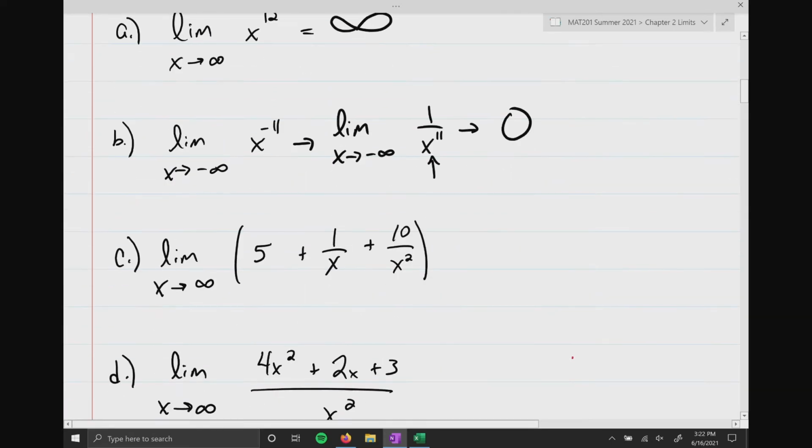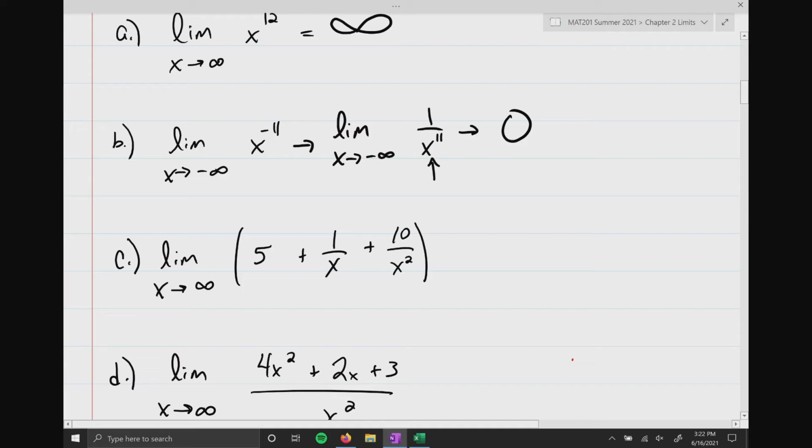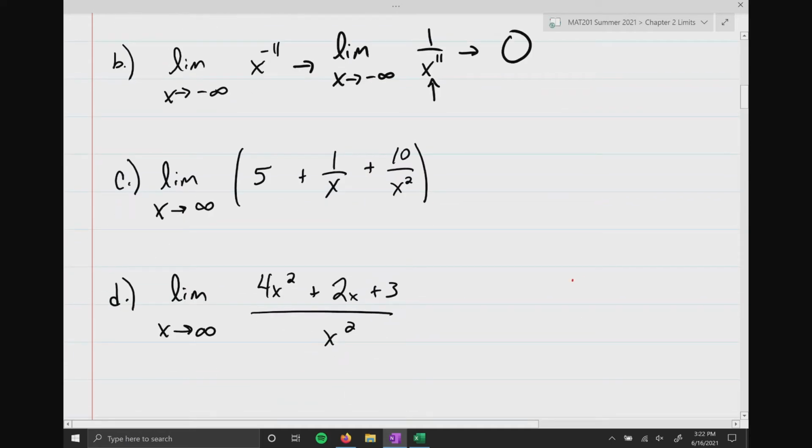Now, if we take that and extend it to the next two problems, you can kind of see how this is going to work. So real quick, I'm going to change my marker. Limit as X goes to infinity of the quantity 5 plus 1 over X plus 10 over X squared. Well, we can apply those limit properties that we learned about. So this is going to be the limit as X goes to infinity of 5, plus the limit as X goes to infinity of 1 over X, plus the limit as X goes to infinity of 10 over X squared.